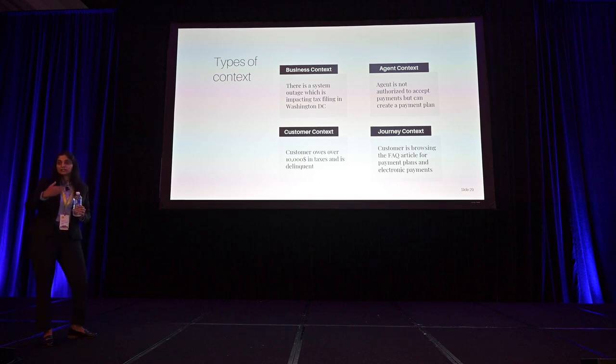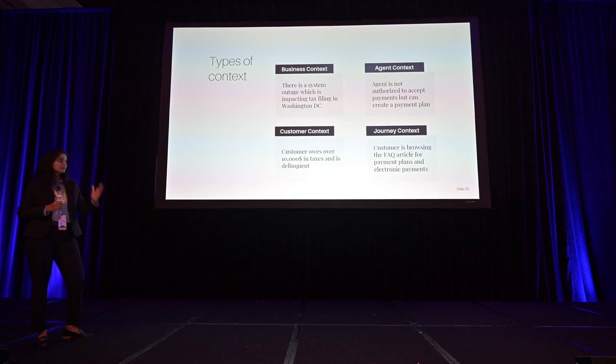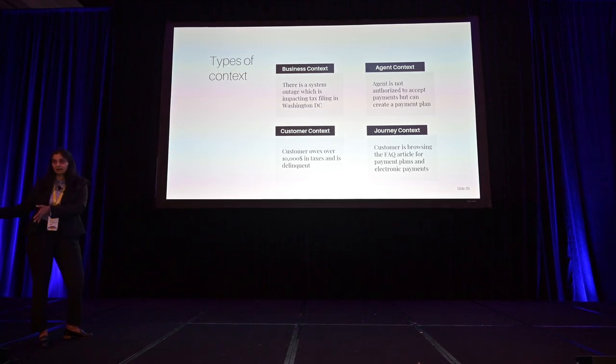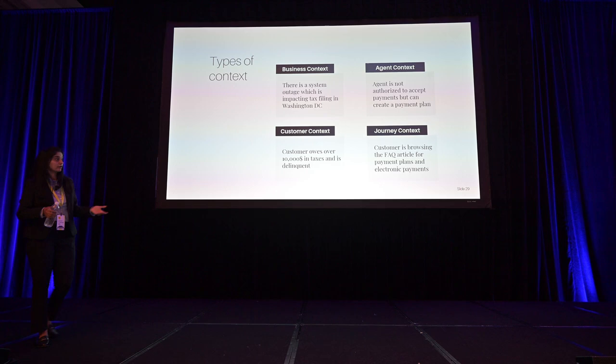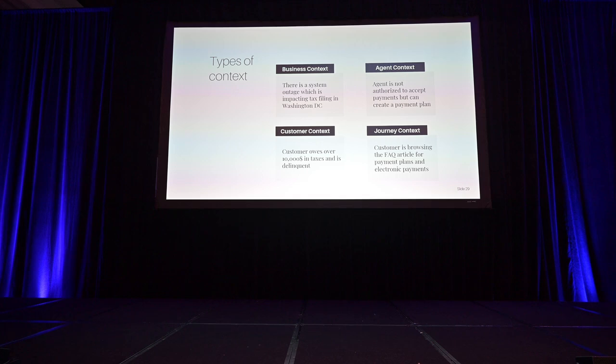Giving that journey context into the prompt, it will do a better job of understanding the customer journey, the content you have, and then delivering a very personalized answer. You can prompt your AI to do that, saying, look at this journey, look at this customer context, look at this process that I have, and then generate a response that you want me to give to this customer as part of this interaction. So it can be more personalized and contextualized with these types of contexts being part of the prompt.